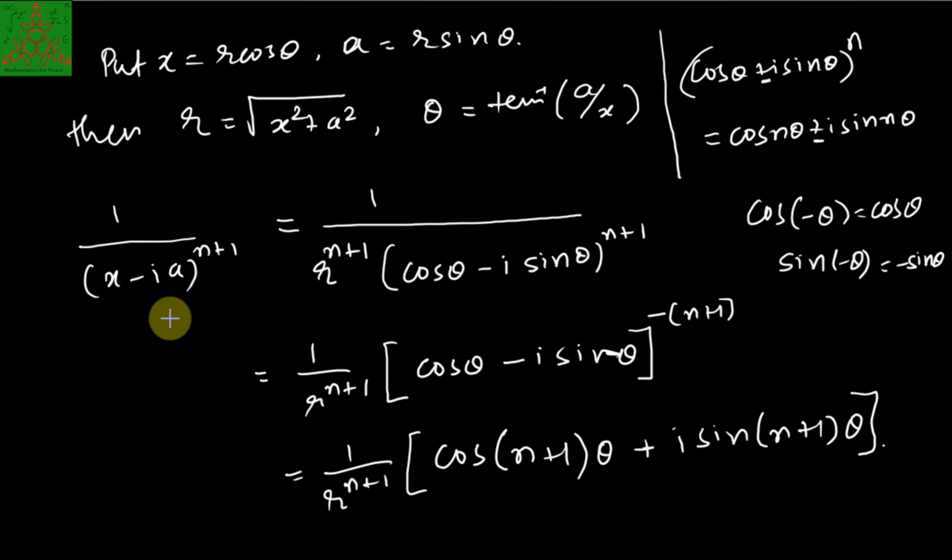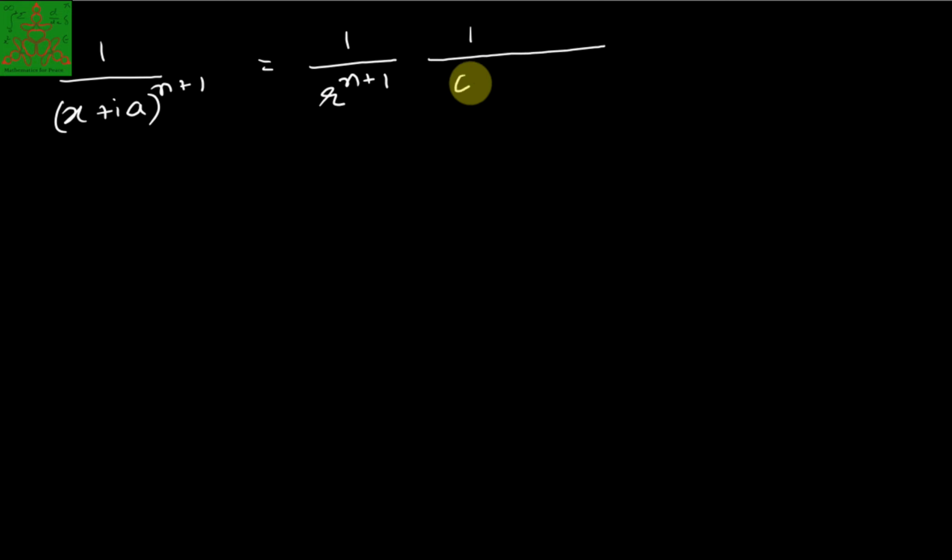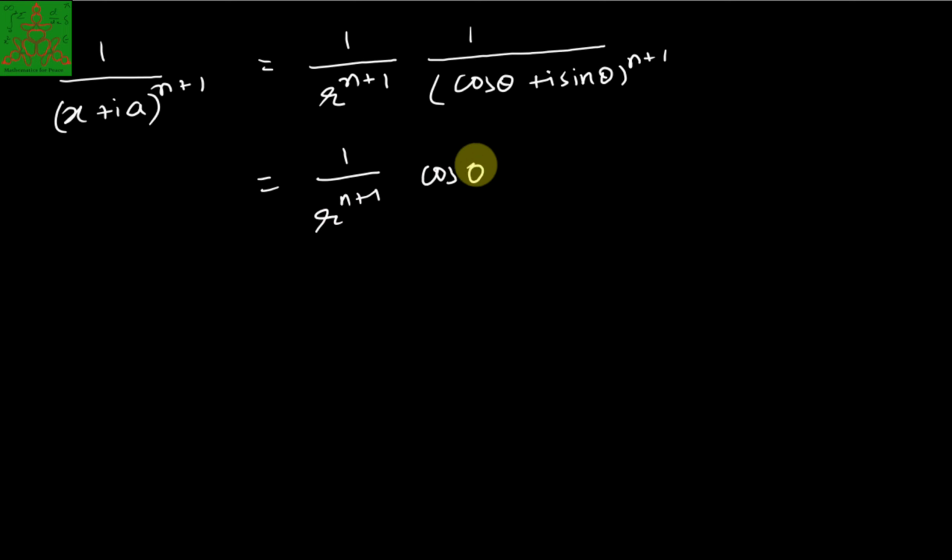So this is 1 upon x minus ia. In a similar manner, what will be 1 upon x plus ia power n plus 1? If I substitute x equal to r cos theta and a equal to r sin theta, this is r power n plus 1 times 1 over cos theta plus i sin theta power n plus 1. Again I can write this in the same manner, cos theta plus i sin theta power minus of n plus 1.